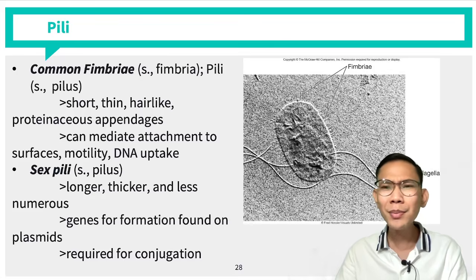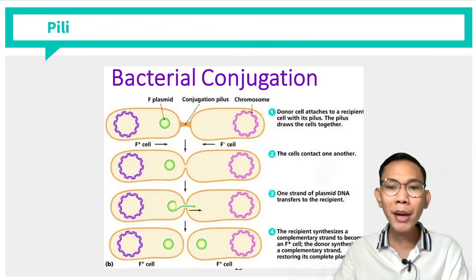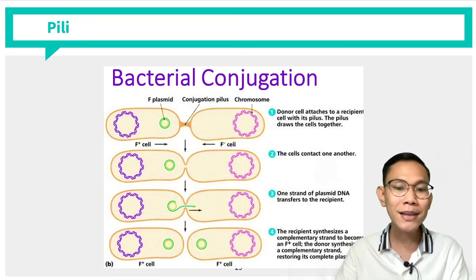So, Doc, what is bacterial conjugation? Your pili is actually involved in the attachment of your donor and recipient bacteria in your gram-negative cell conjugation. So, tingnan natin, what is your bacterial conjugation? When we say bacterial conjugation, it is the different steps or mechanism of transfer of your plasmid from donor to recipient cell.